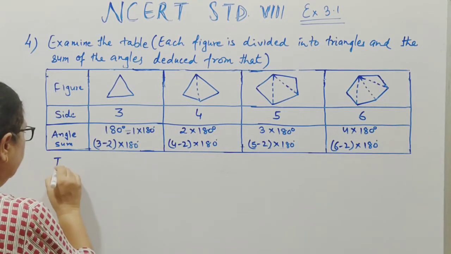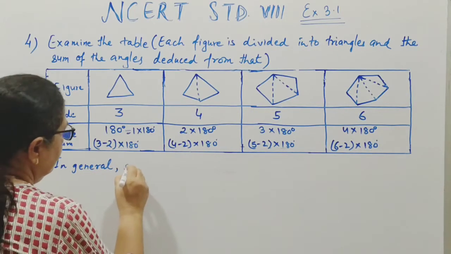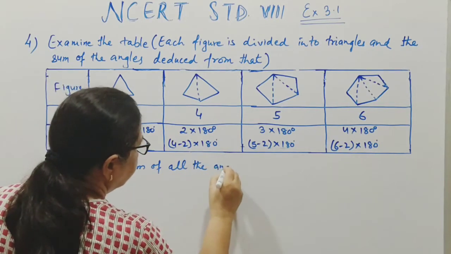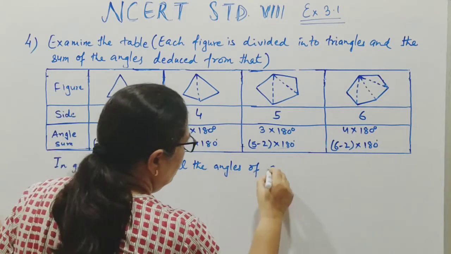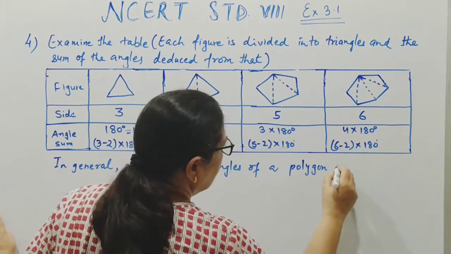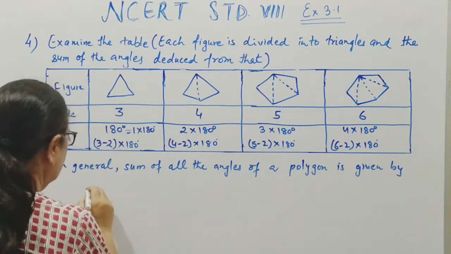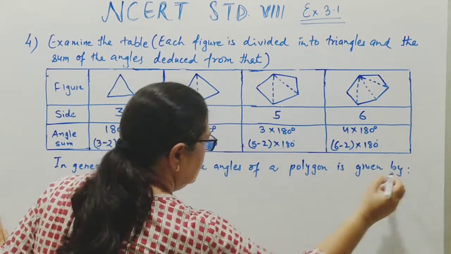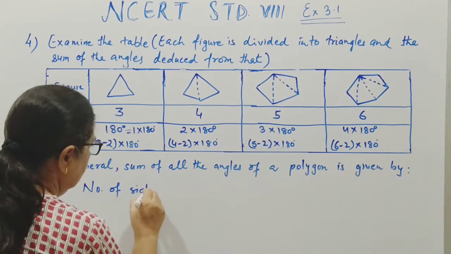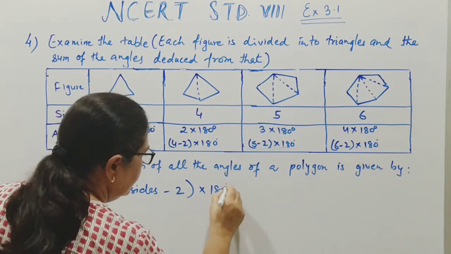So in general, the sum of all the angles of a polygon is given by number of sides minus 2 into 180 degrees.